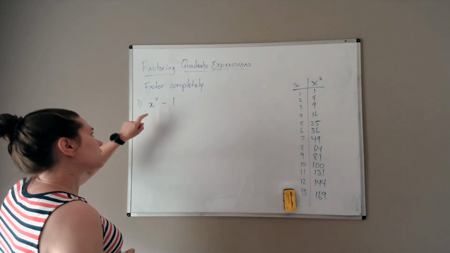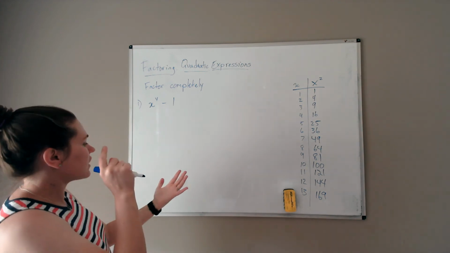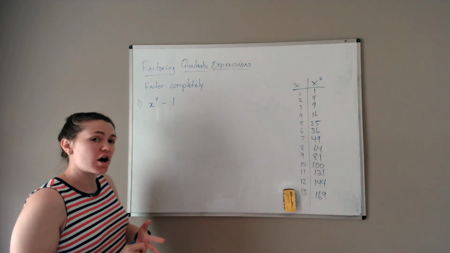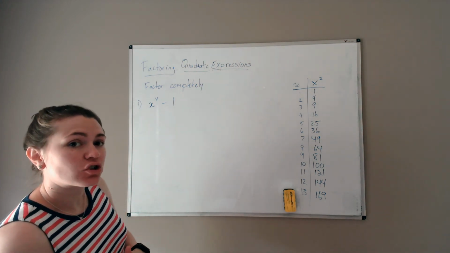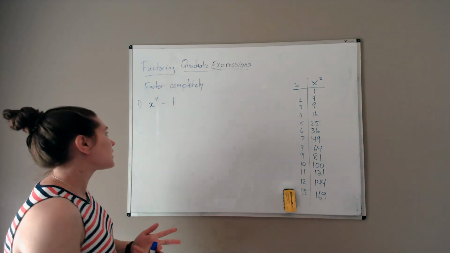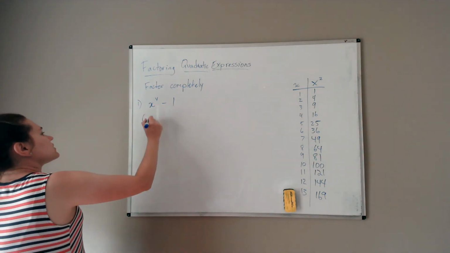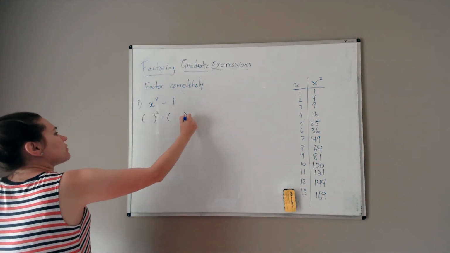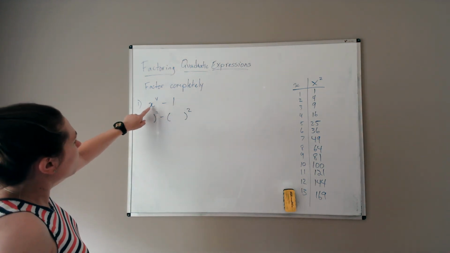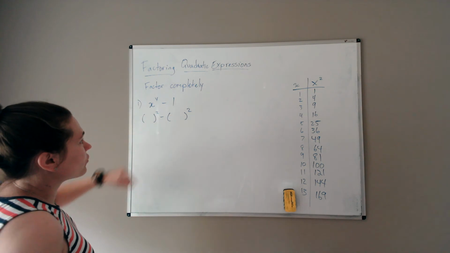Okay, so looking at this one, we know that this is not a GCF because there's no other factor other than 1. Okay, this isn't a quadratic trinomial, it doesn't fit ax squared plus bx plus c. But we can check to see if this is the difference of two squares because we have two terms here, and there's a minus.